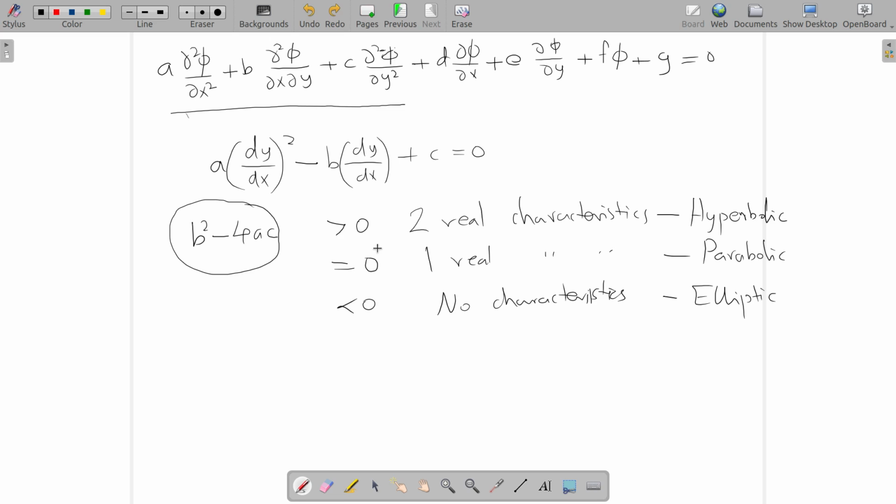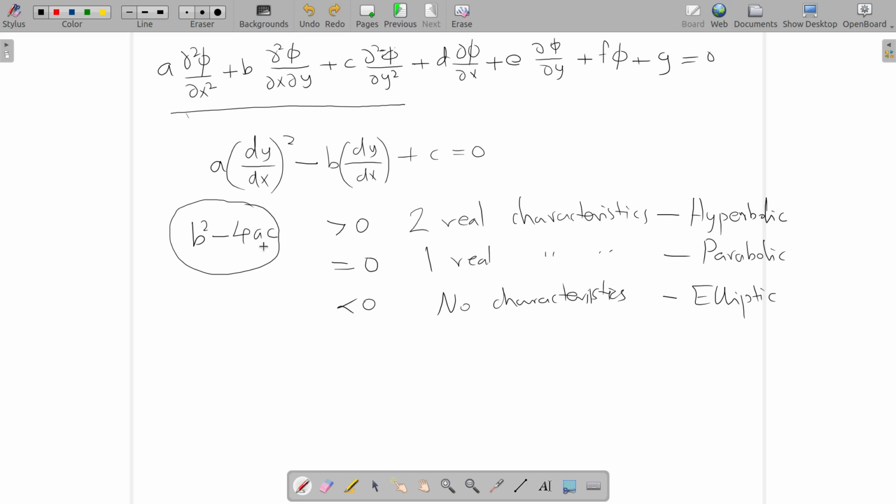So for certain values of y, the equation could be hyperbolic. For certain values of y, the equation could be parabolic. For certain values of y, the equation could be elliptic.